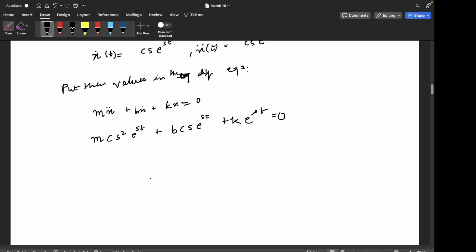Now in this we see that e to the power st is common and c is also common. So it's c e to the power st times m s square plus b s plus k.